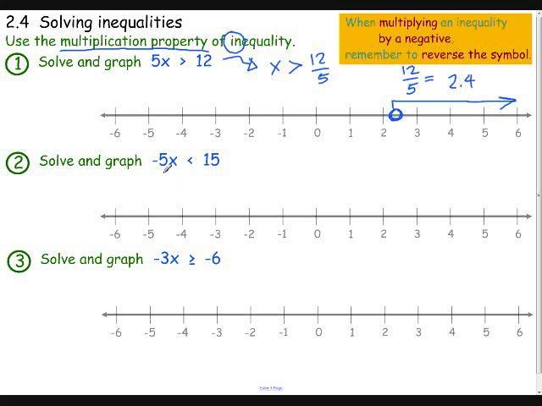How about this one? Here, we're going to multiply by a -1/5. When multiplying an inequality by a negative, you're going to reverse the symbol. So that's going to become x greater than. Okay, so I went from a less than to a greater than. I reversed the symbol.